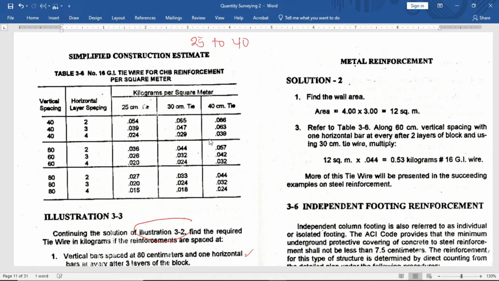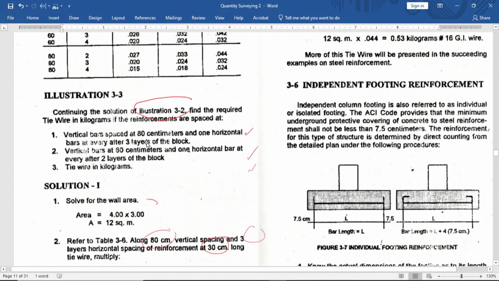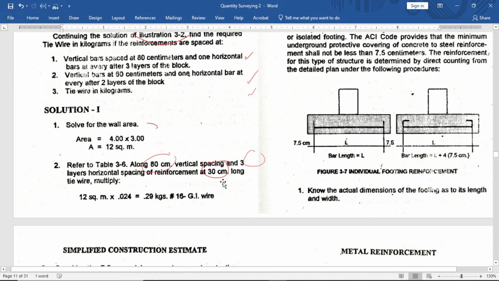So ito 'yon, 25 to 40. So 25, 30 or 40 yung kadalasan na range ng ano natin dito sa table. Sa table lang natin. So dito, ang ginamit niya is 30 centimeters long. So pagitan ng 25 at 40.